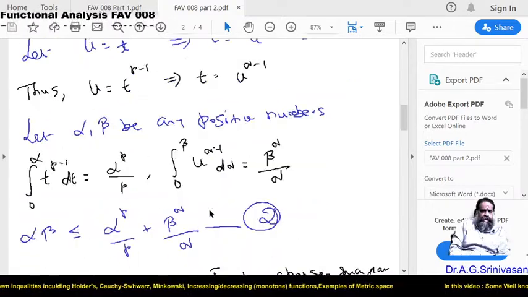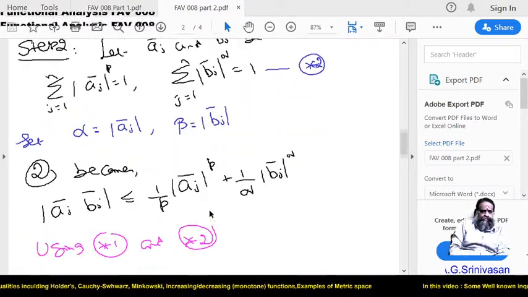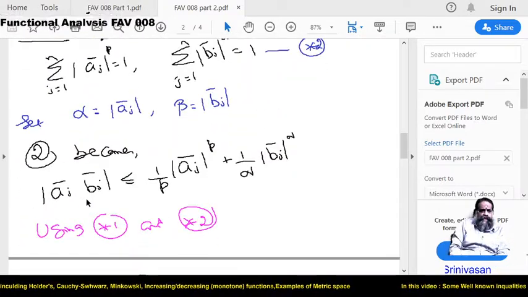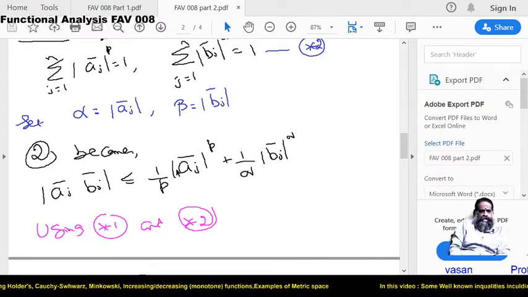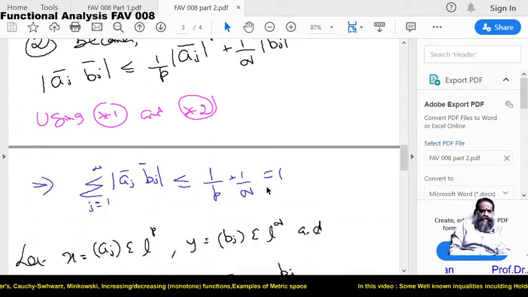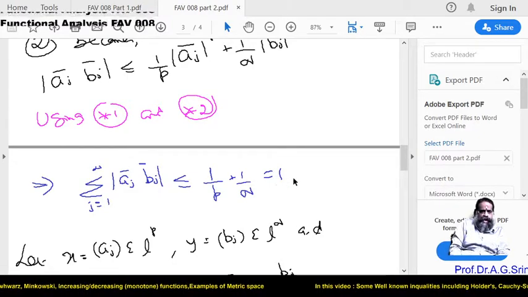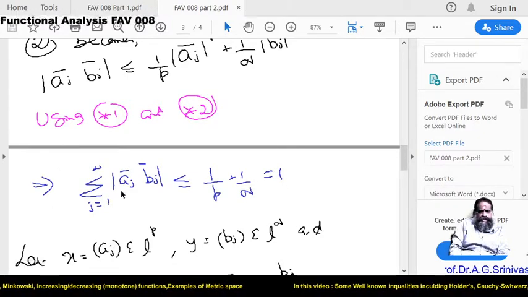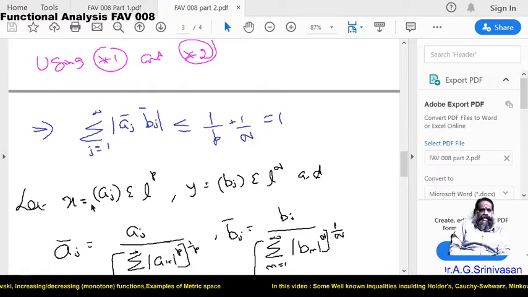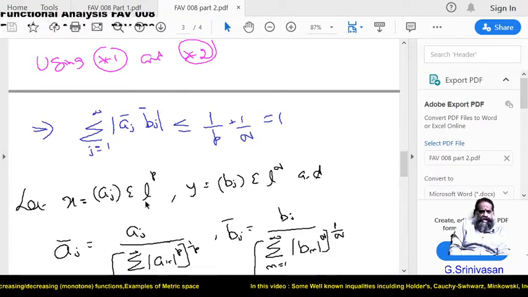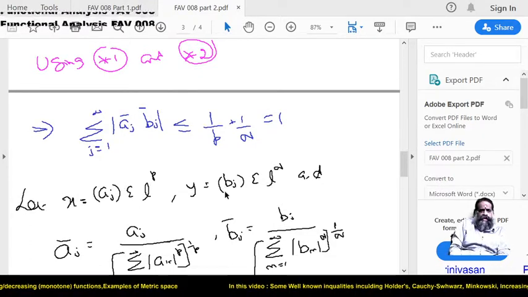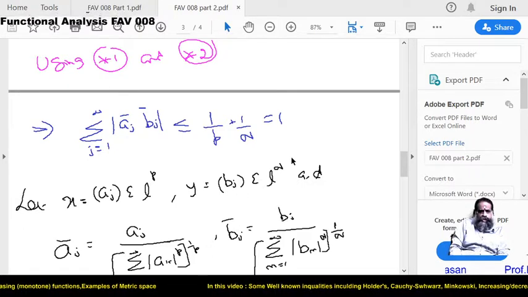Now we have the sum over j of |aj bar bj bar| less than or equal to 1. That means this is really converging. Take x = (aj) and y = (bj), where aj belongs to the l^p space and bj belongs to the l^q space.